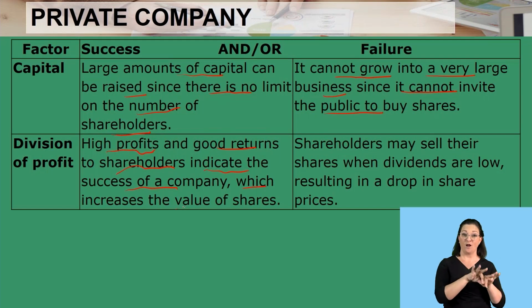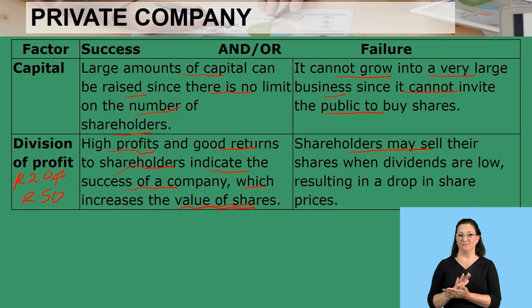It increases the value of shares. This has to do with saying now, if the value of a share were 20 Rand, for instance, and the company does well, the value of the share can increase to 50 Rand. So that's what we mean by success. The capital amount grows in value.